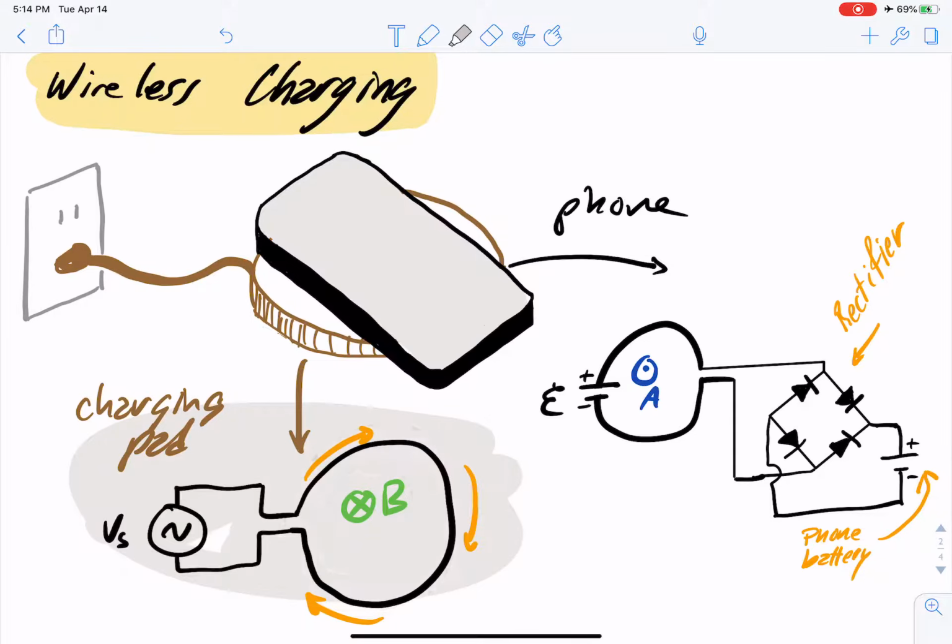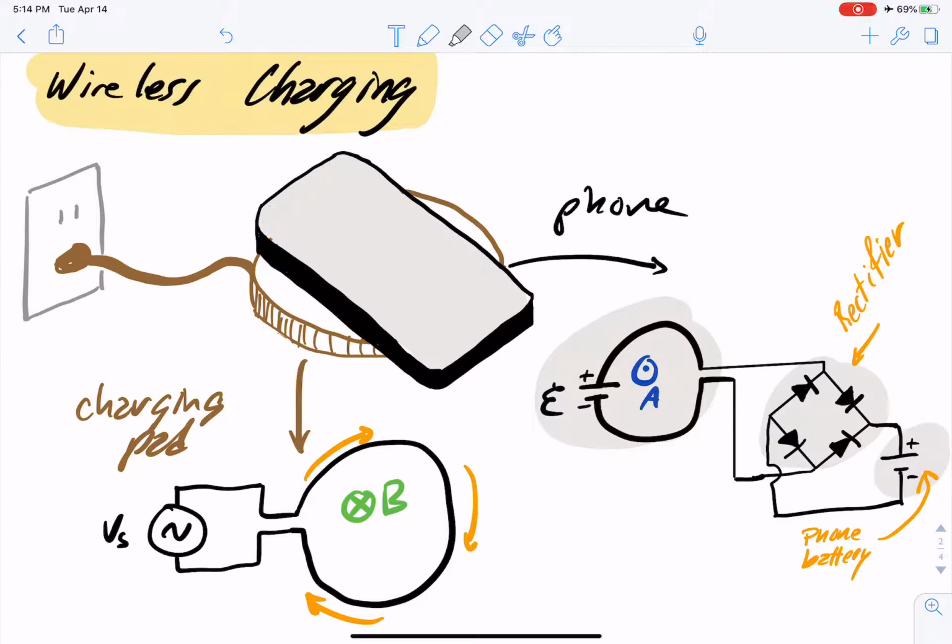And the phone is a little more complicated, but it also has a loop which induces an EMF on it, which drives some current through what's called a rectifier that turns it from alternating to direct current, and that charges the phone or the battery.